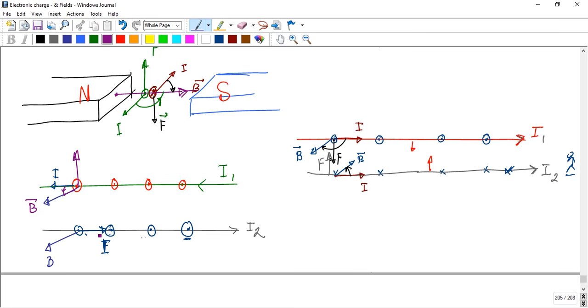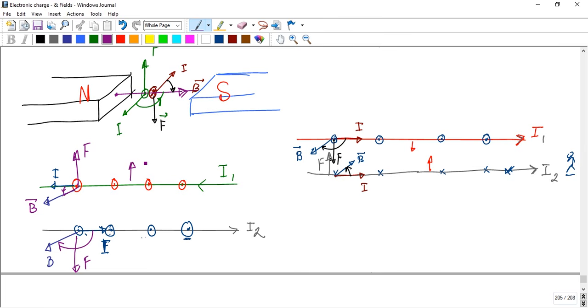Here I cross B is in a clockwise direction, and that force is downward. So if both currents are in opposite directions, the forces now repel.